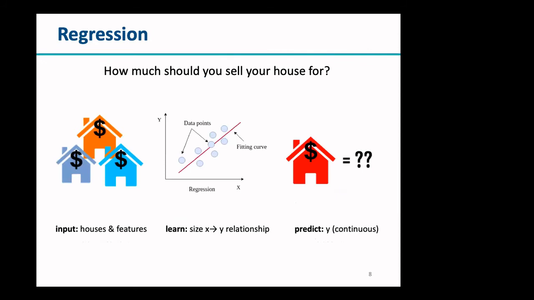I will give you more details about these three different categories. For example, a regression problem is a simple problem. How much should you sell your house for? You decide to sell your house. How much is the price?